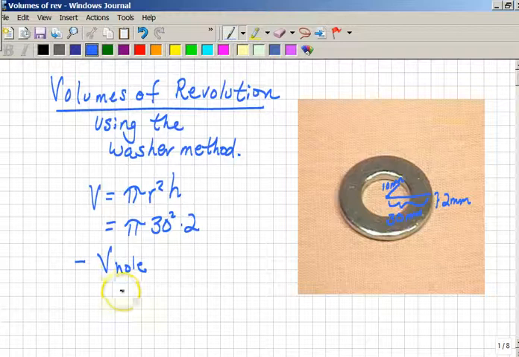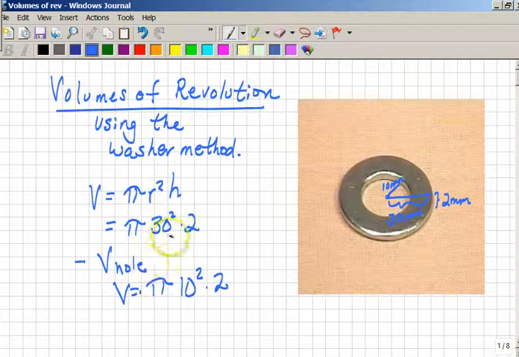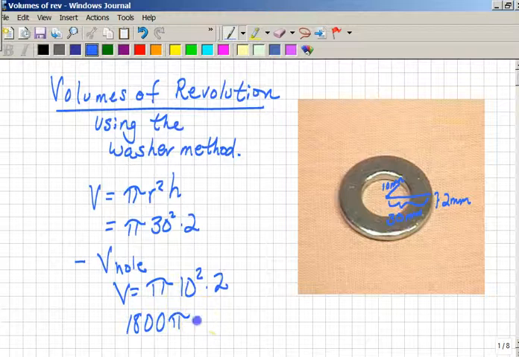So what we would do is subtract the volume of the hole. The volume of the hole is pi times the radius of the hole, which is 10 squared, times the height, which is 2. Overall, we have 900 times 2, which is 1800 pi for the entire washer, discounting the hole, and then subtract out the volume of the hole, which is 100 times 2, or 200 pi, and we're left with 1600 pi.